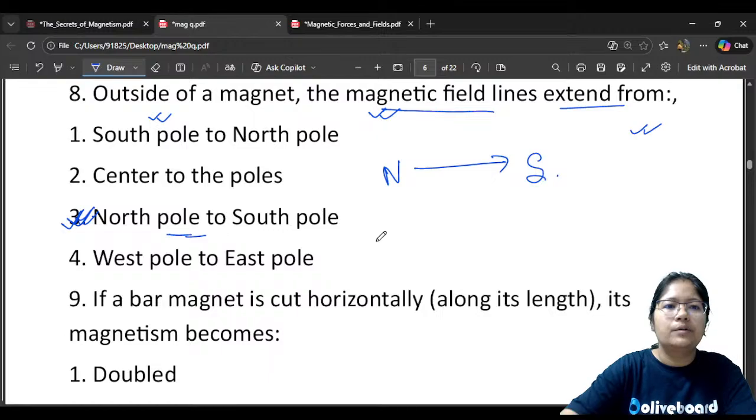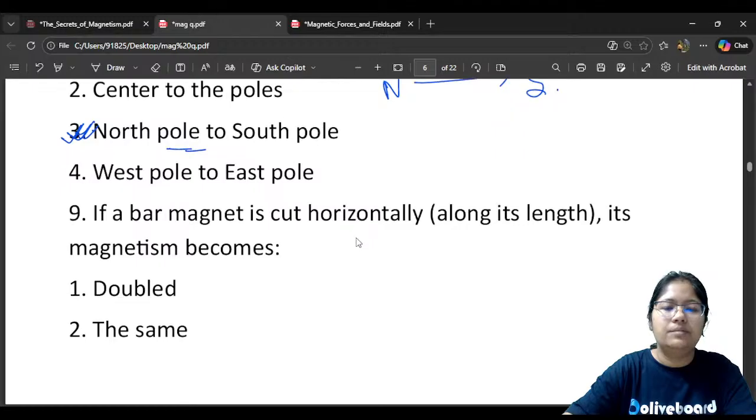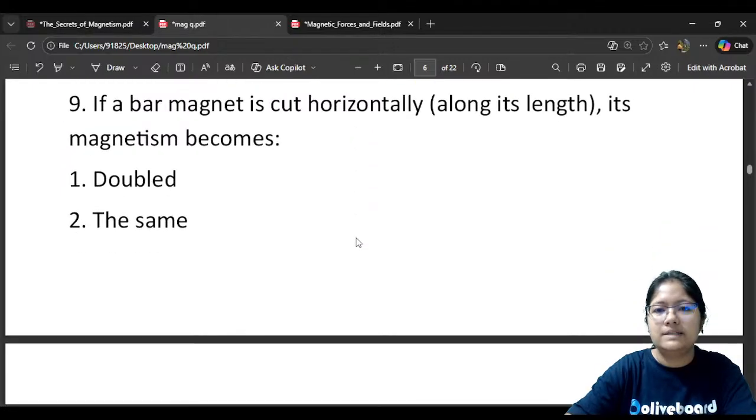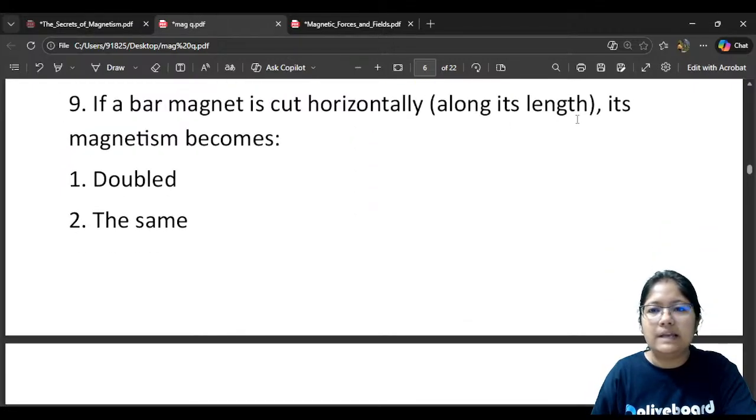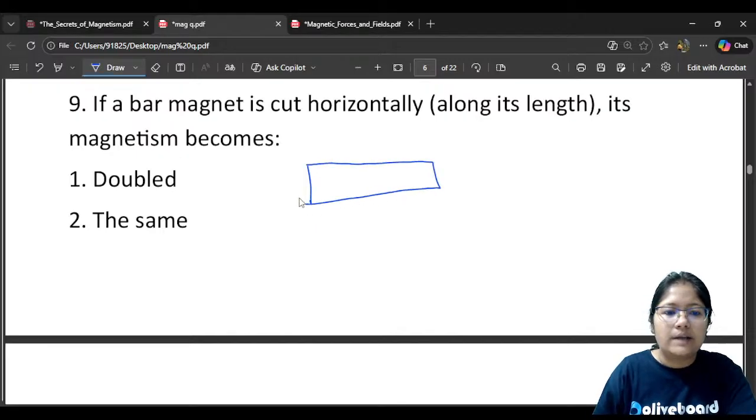Coming to the next question, question number 9. If a bar magnet is cut horizontally along its length, its magnetism becomes what?